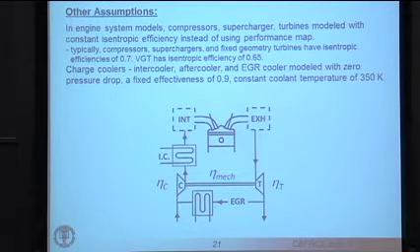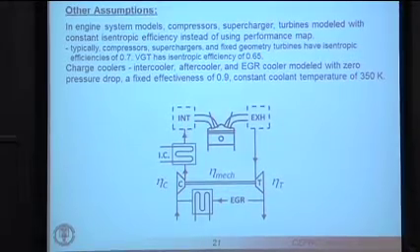And remember that those efficiencies were multiplied together before. So 0.7 times 0.7 is roughly 0.5. So for a compressor turbine system, typically you have about a 50% efficiency at best. Variable geometry turbines have lower efficiencies.